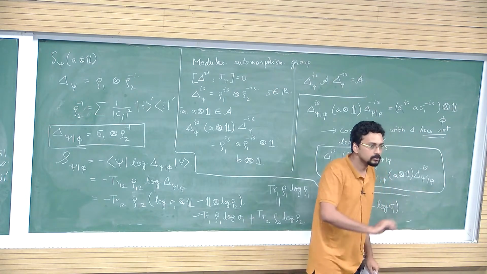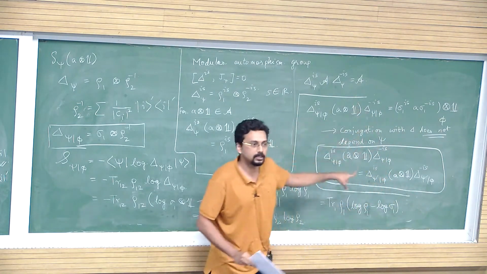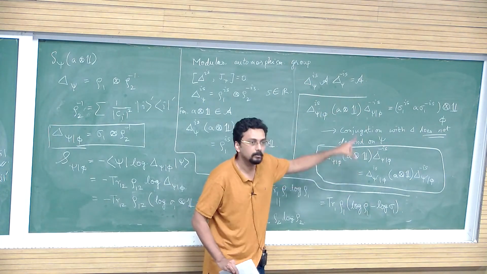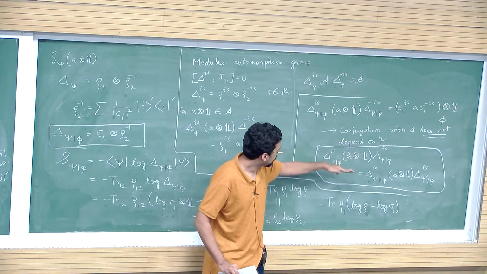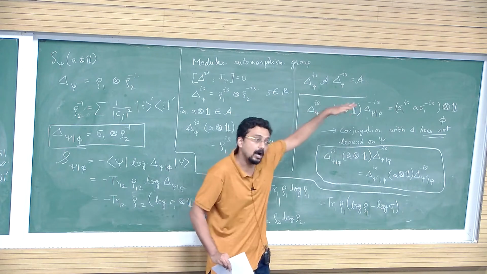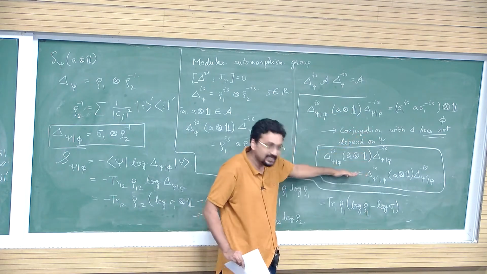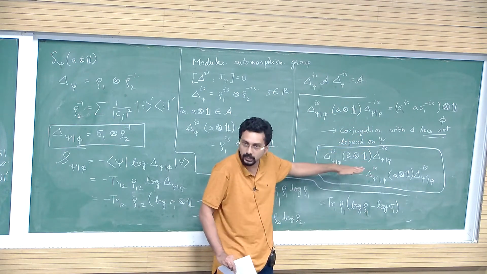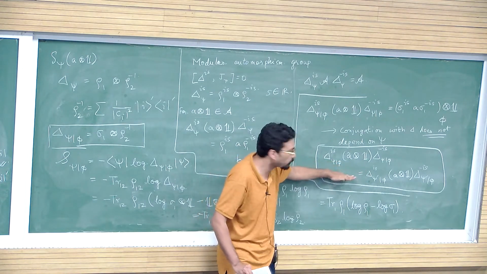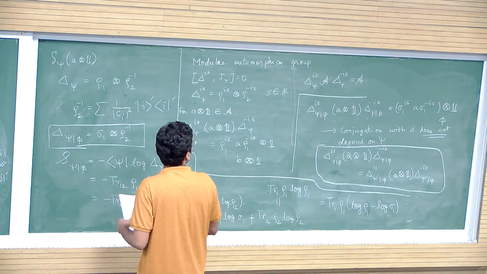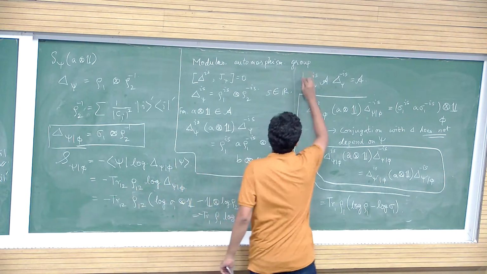No, in QFT also. So, all these statements that I am making, by the way, at this level, forget about how we derived it. This statement is, by the way, the central theorem of Tomita-Takesaki theory. This one and this one.